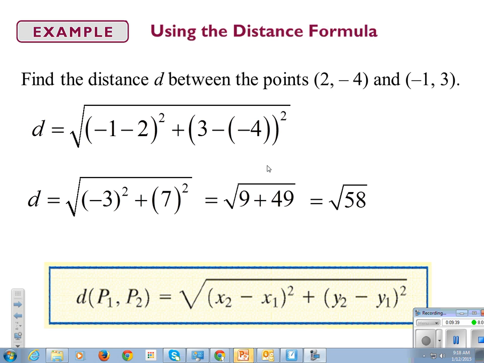Be comfortable. Sometimes the answer will look like this. Sometimes it'll be in approximate form. Sometimes it will be in simplified radical form. So if there is any way to simplify it, like if there's a square root of 32, that is 4 root 2.